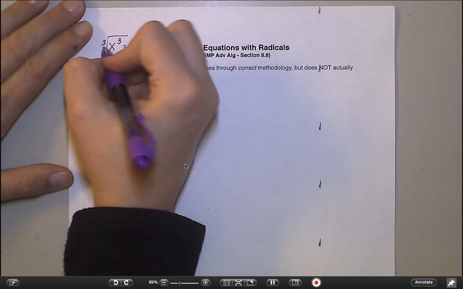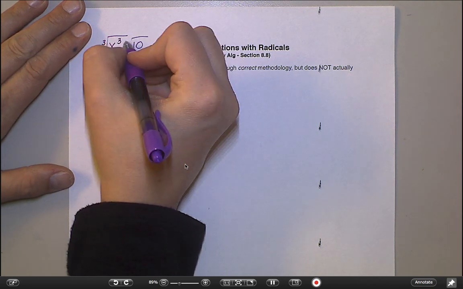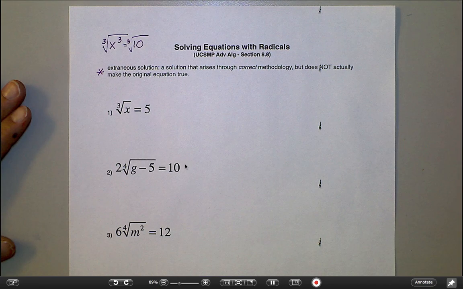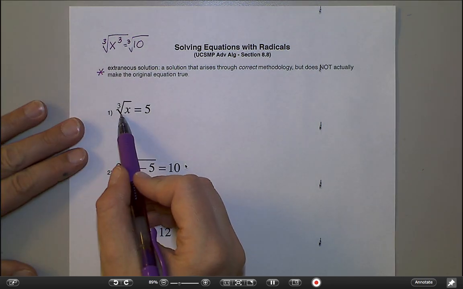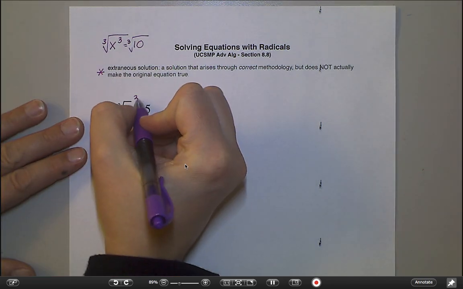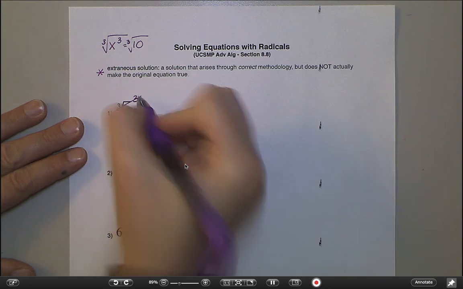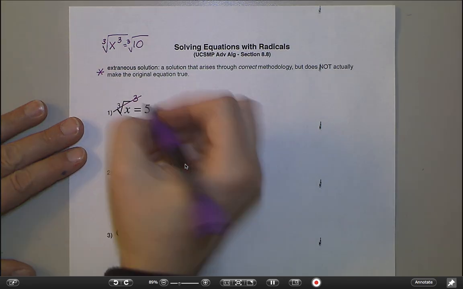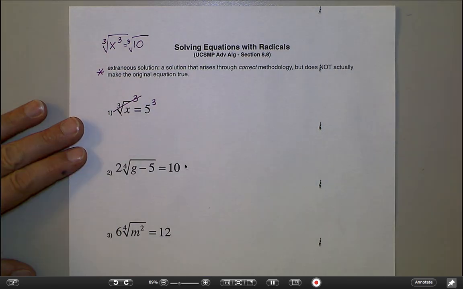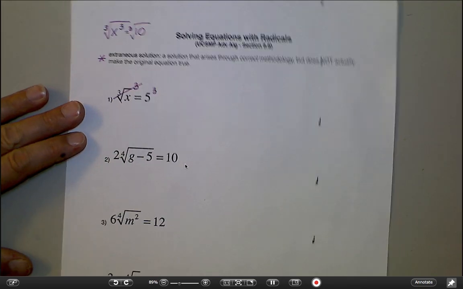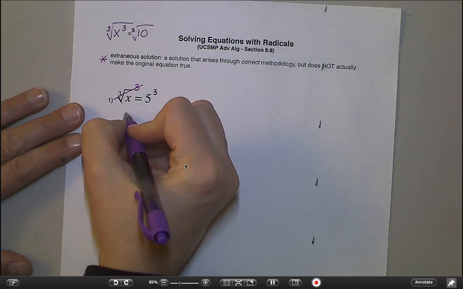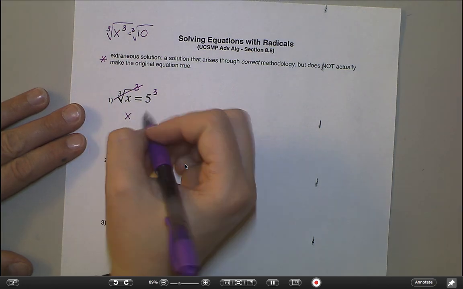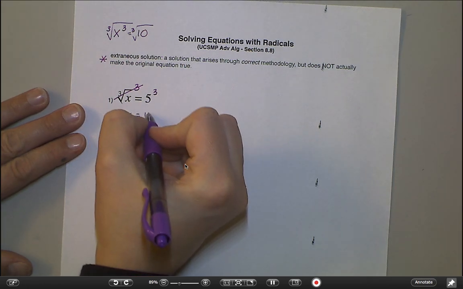We always said, okay, a cube root is going to cancel with a cube. This is just going the other way around, okay? This is starting with the root and saying we're going to use a power to cancel that out. Roots and powers are inverses of each other. But that means that I have to raise this to the power of 3 as well. Okay, x equals 5 to the power of 3, which would be 125.